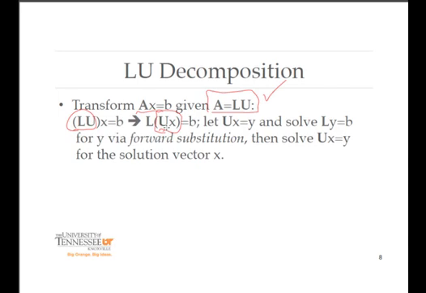So that if we made the substitution that, let's just say for argument, that U times x is equal to a vector y, whatever U times x is. If we could figure out what the y is, then we could solve Ly equals b by what we call forward substitution, and then take that y, and then what we call back substitution for the solution vector x.